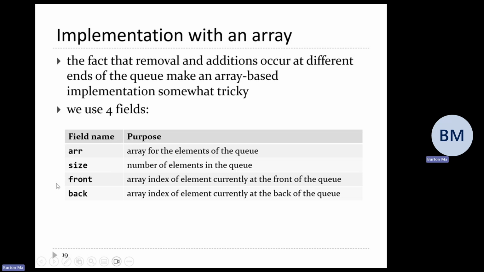I don't need this in the stack because I can just use top for that. I'm going to have front, which is the index of the element currently at the front of the queue. And I'm going to have back, which is the index of the element at the back of the queue. Right. So if you forget what these are, come back and look at this table here. The definitions are useful when you look at the implementation.